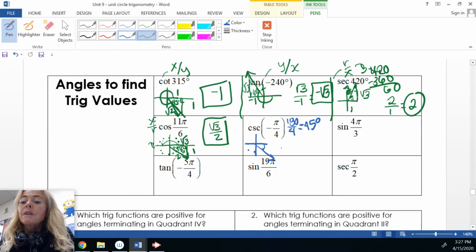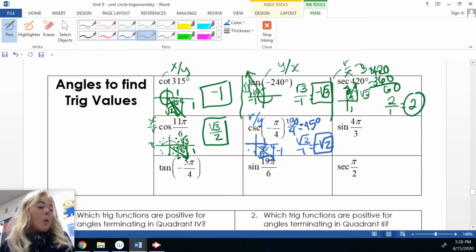Okay, and negative 45 degrees. So this is a 45 degree reference angle. So with 45, 45, 90, we have 1, negative 1, and radical 2 as our side measures. Now cosecant is the reciprocal of sine, so it's r over y. And r is radical 2, and y is negative 1, so that makes negative radical 2.